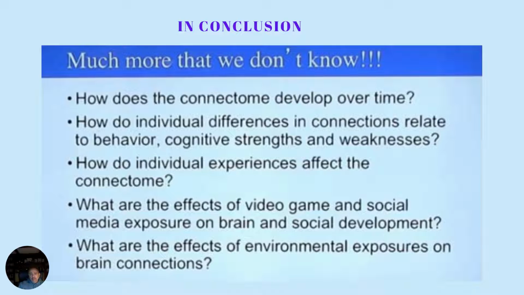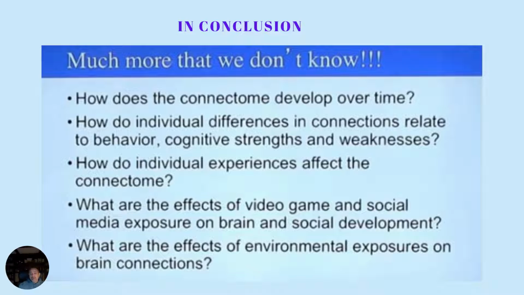In conclusion, we actually do not know a lot more than what we need to know. How does the connectome develop over time? We're still learning. How do individual differences in connections relate to behavior, cognitive strengths, and weaknesses? That's also out there to learn more about. How do individual experiences affect the human connectome, the brain connectome?